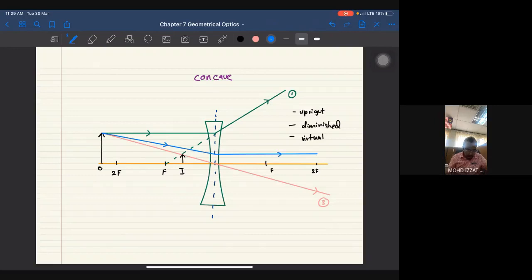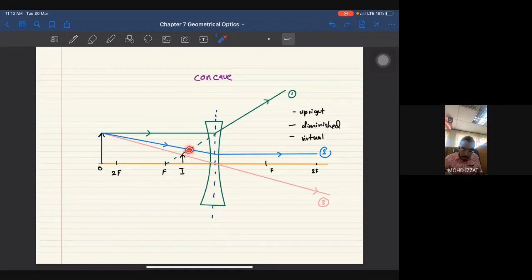Okay. Main problem. Mistake number one. Once student draw, biasa student kalau dia nak buat yang ni, dia akan buat yang line satu dengan line dua ni. Yang green dengan blue tu dia buat. So, apa yang berlaku is that student will immediately draw the image dekat sini, sebab ini ada intersection tau.